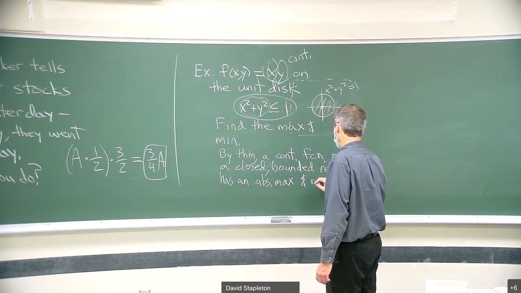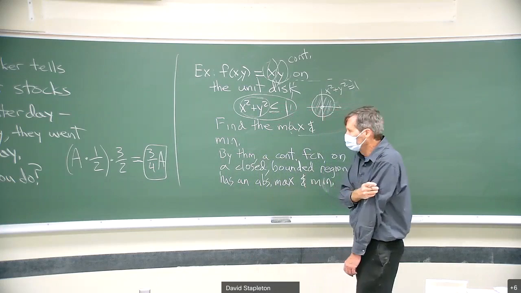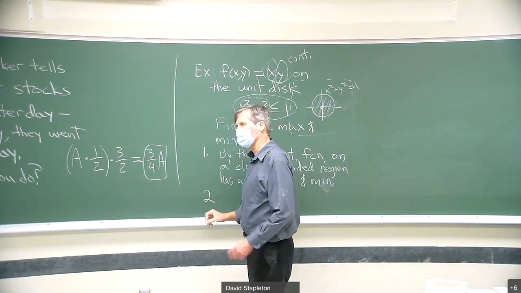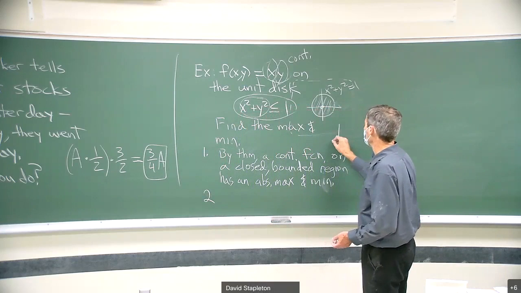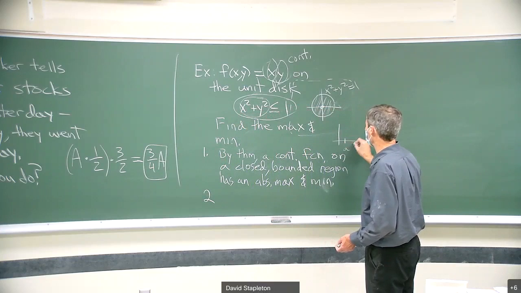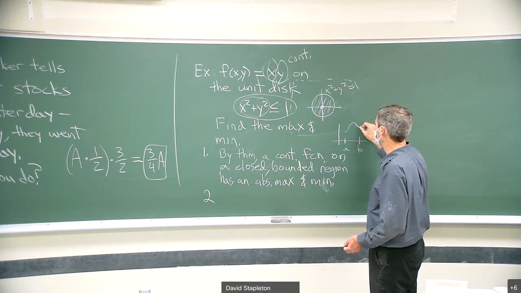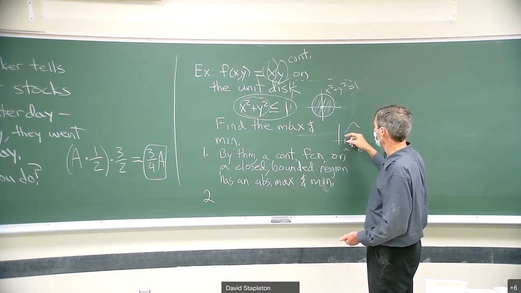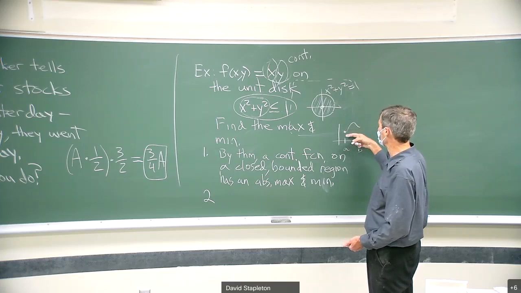We can actually say they exist. How do we find them? So when you're finding absolute max and min, I'll just remind you, in calculus 1, you've got a function of one variable. What you say is any continuous function on a closed interval has a maximum and a minimum, and each occurs, and there might be more than one place it occurs, but each occurs either at an endpoint, like here's the minimum, or a critical point that's interior.